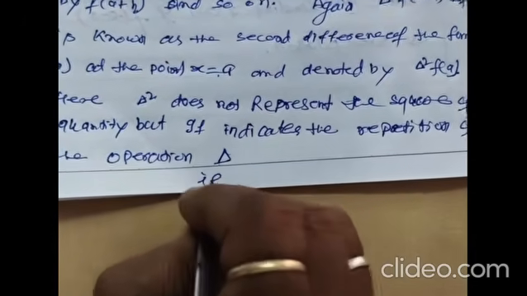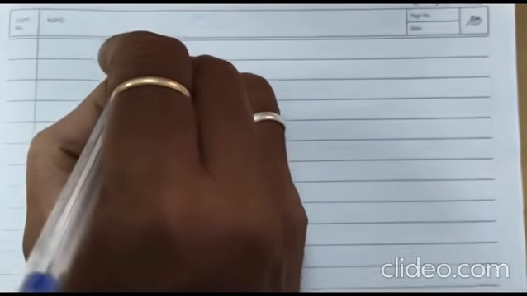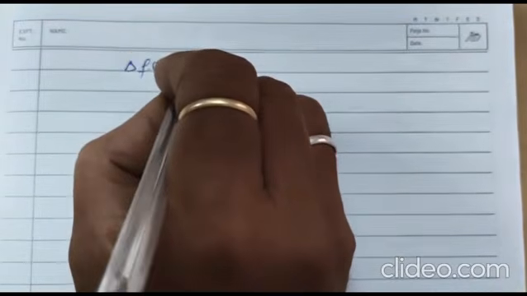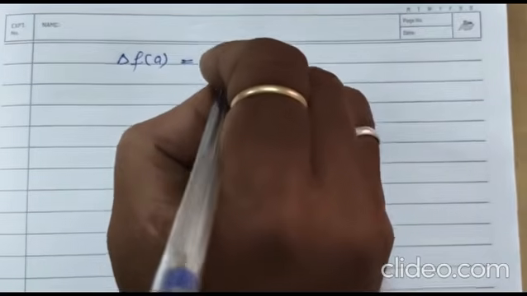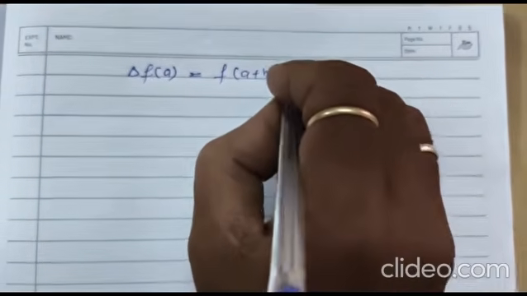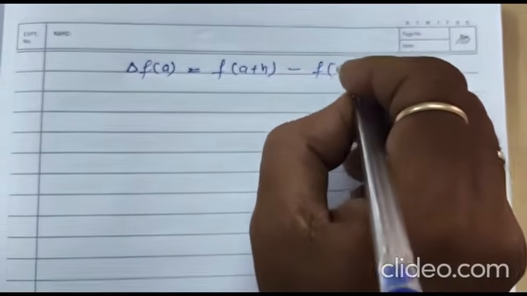That is, del f(a) is equal to f(a plus h) minus f(a).